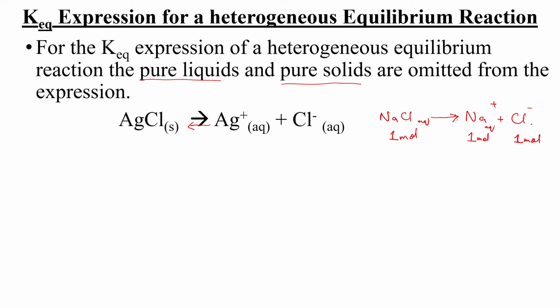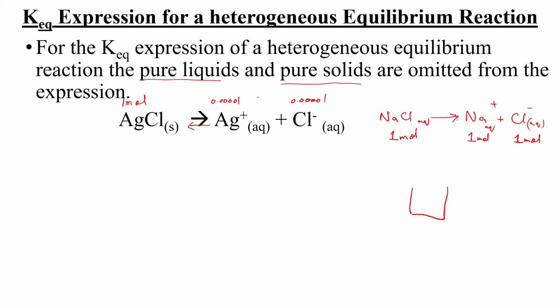So 100% dissociation of sodium chloride into its ions, and all of these are aqueous. This is a homogeneous reaction, right? But here we have water-insoluble silver chloride. When we dissolve it in water, it does dissociate, but to a very small extent. To give some numbers, for instance, if I have 1 mole of this, I may get a very, very small amount of silver and a very, very small amount of chloride.